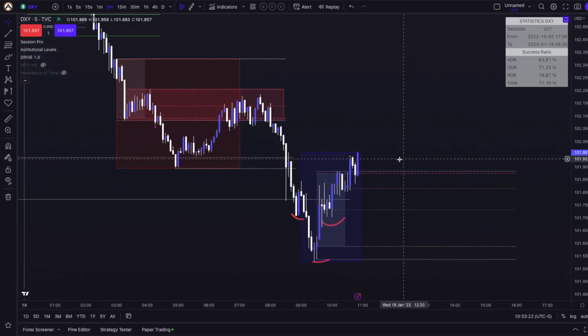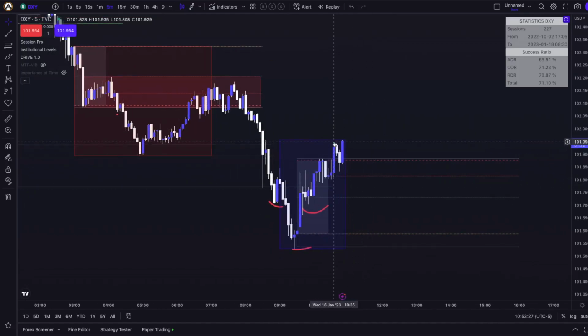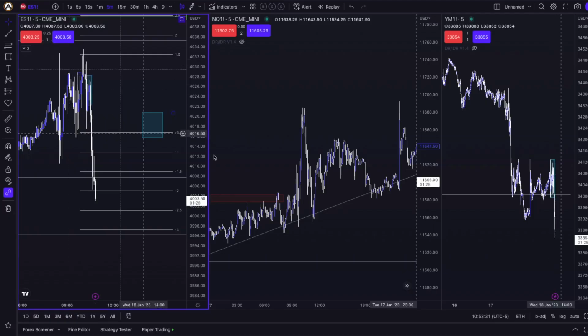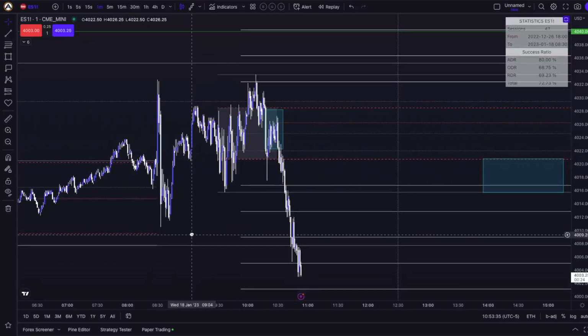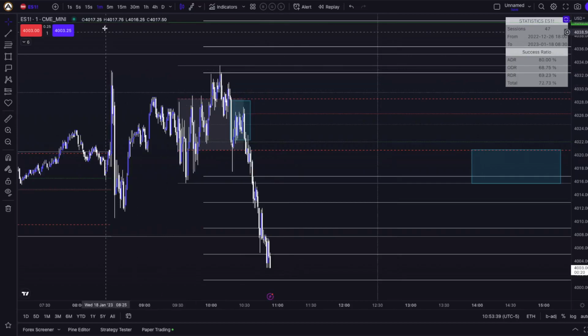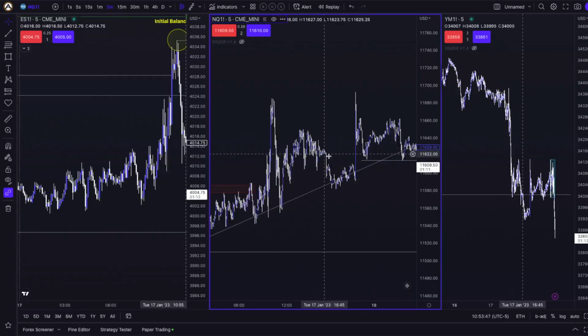DXY continues rallying up higher after a bullish confirmation to the upside. $830 high, took out buy side on Nasdaq. We took out some more buy side liquidity.